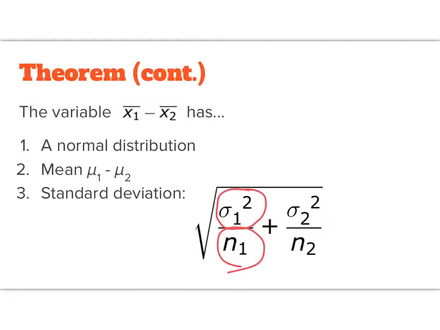We'll take the standard deviation from the first sample, square it, and divide by the size of the first sample. And then we'll do the same thing with the second sample. We'll take the standard deviation, square it, and divide by the size of the sample. Add them together and take the square root.